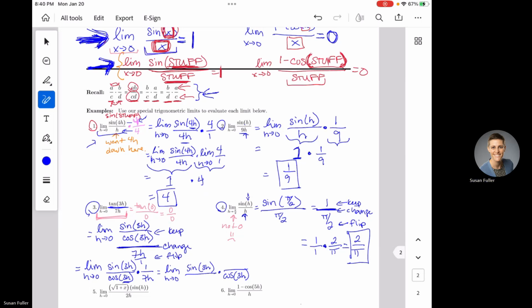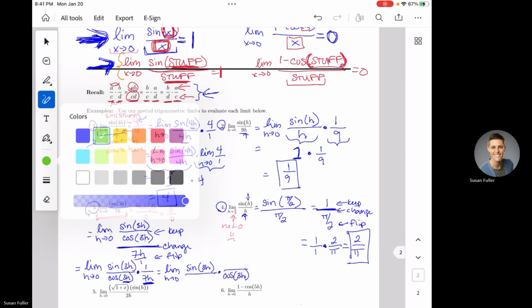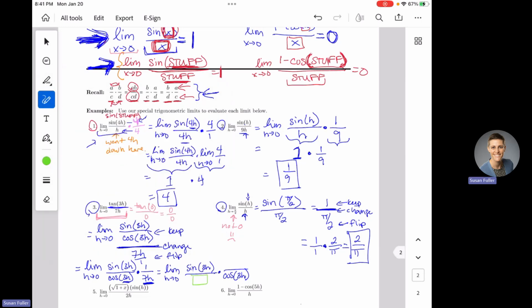Okay, and now I have a 7 and an h over here. So to use my gifts, I want a 3h down here. I want this to be 3h, right? Because I want it to match what's in here.